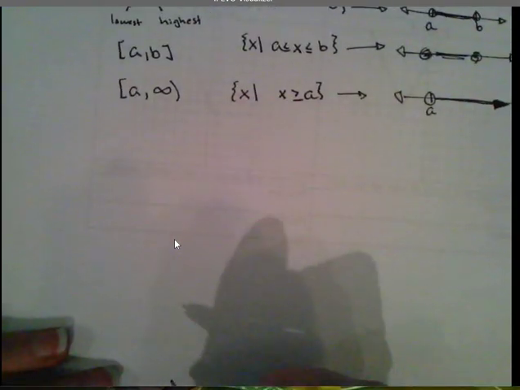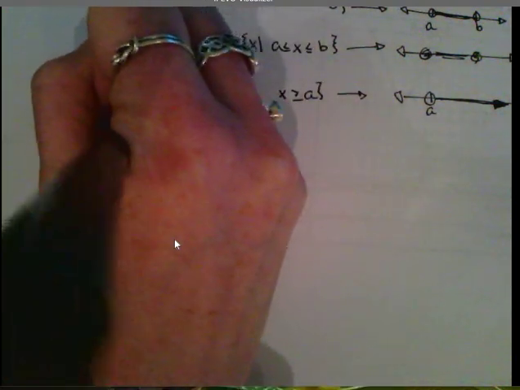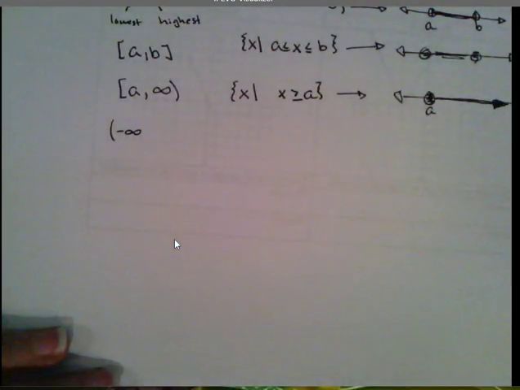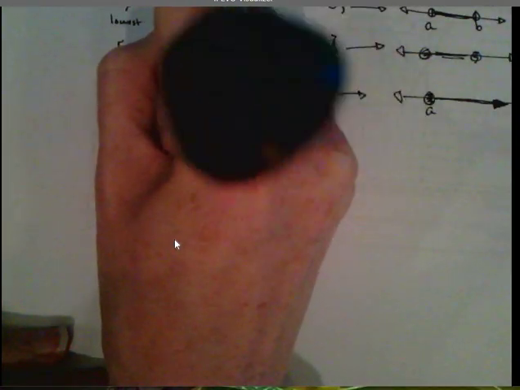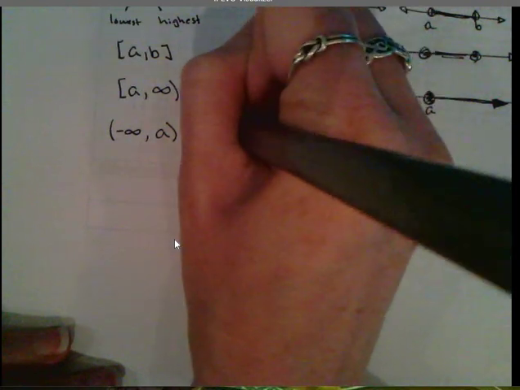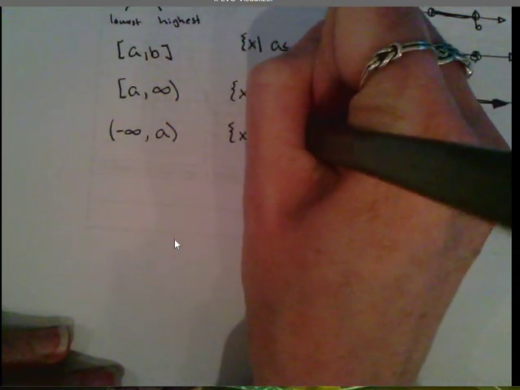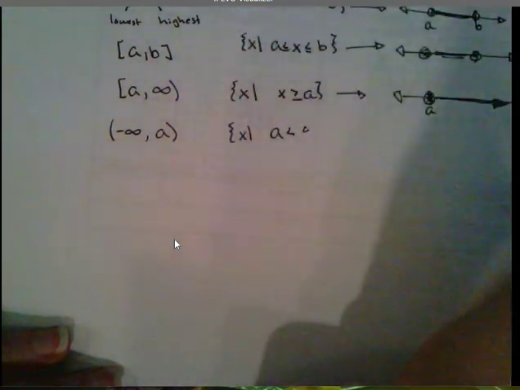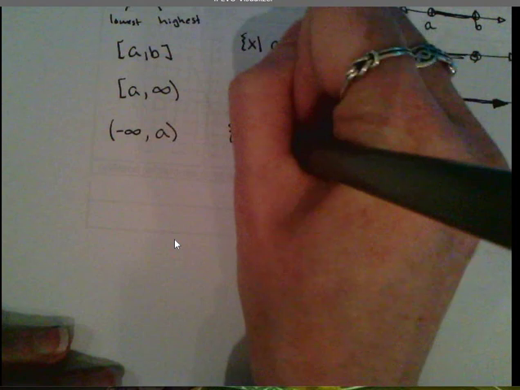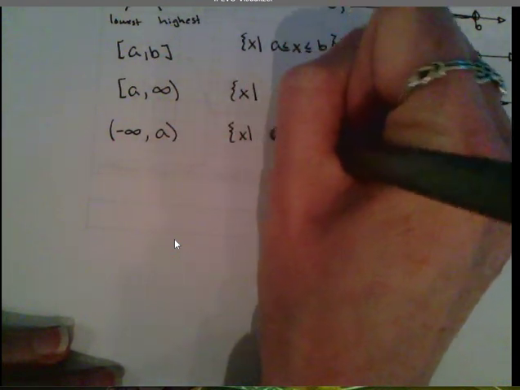Next, for a negative infinity, I could start at negative infinity. Oh, and this should be a closed hole, sorry, because that was a bracket. And I could go up until a, say that was a parenthesis, we can mix and match, remember? So brace x bar, we know that this is going to the left, so x is less than a this time.